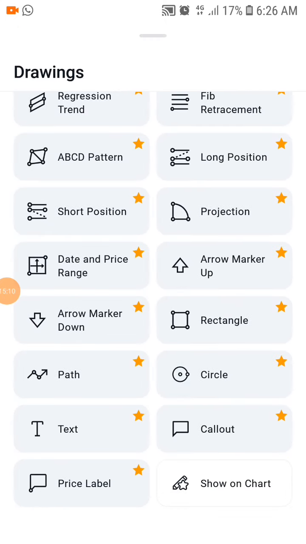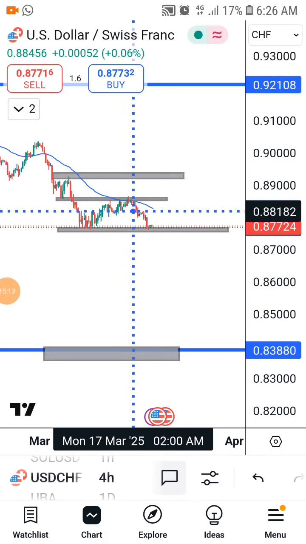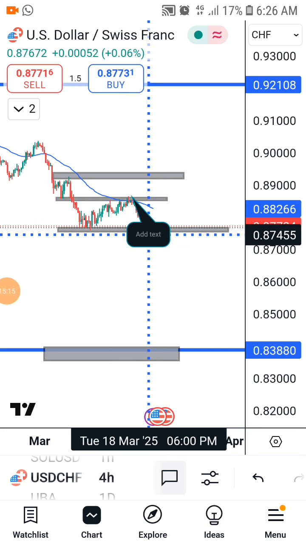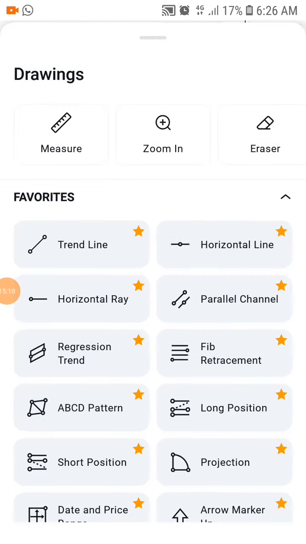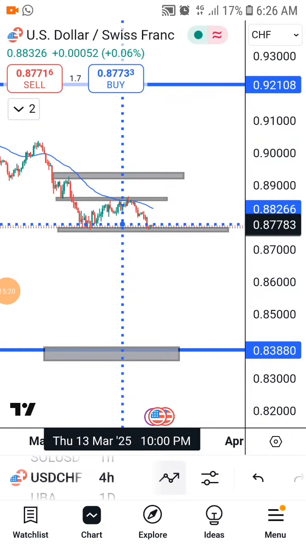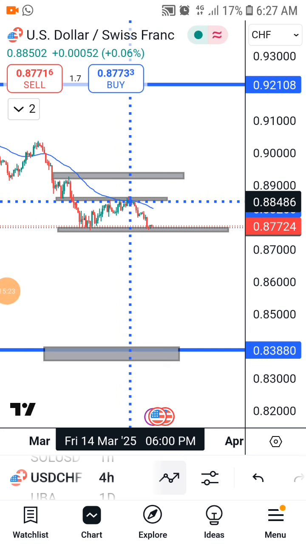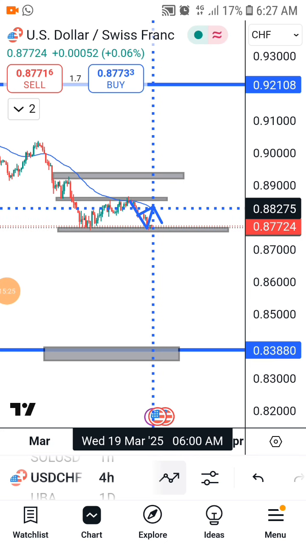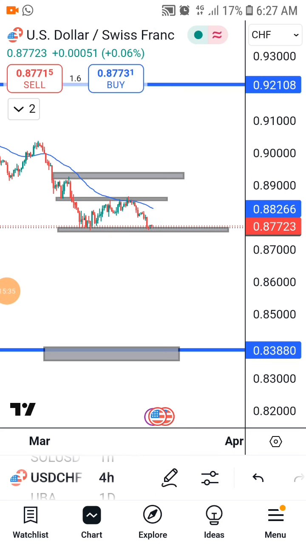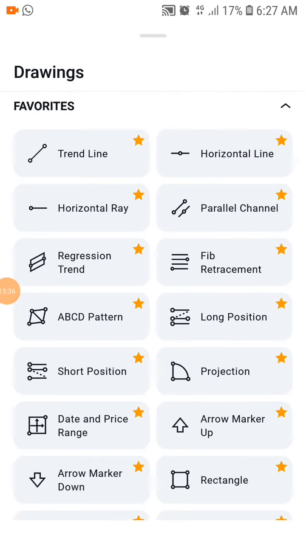So this is what this market will do. If you are trading USD CHF, you can wait patiently for this market to come down here and retest back here. It might not retest this 4-hour 50 moving average immediately, because it just finished a retracement.